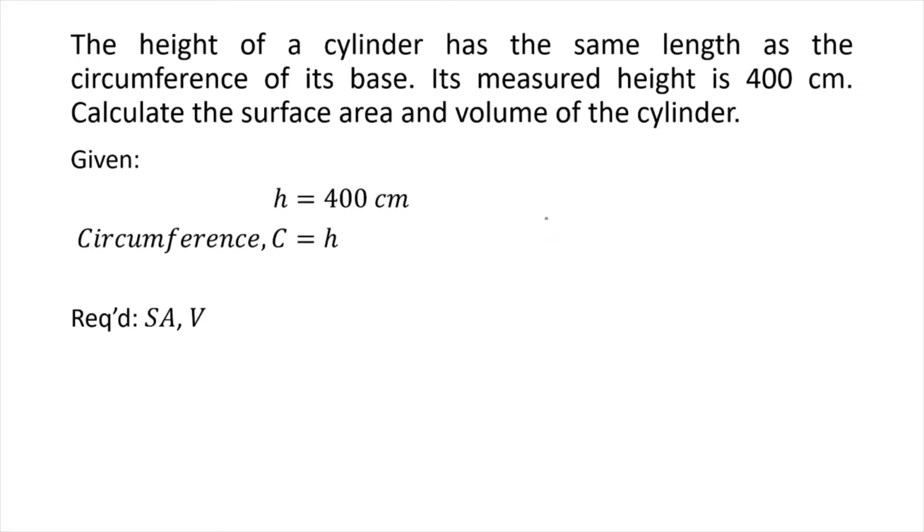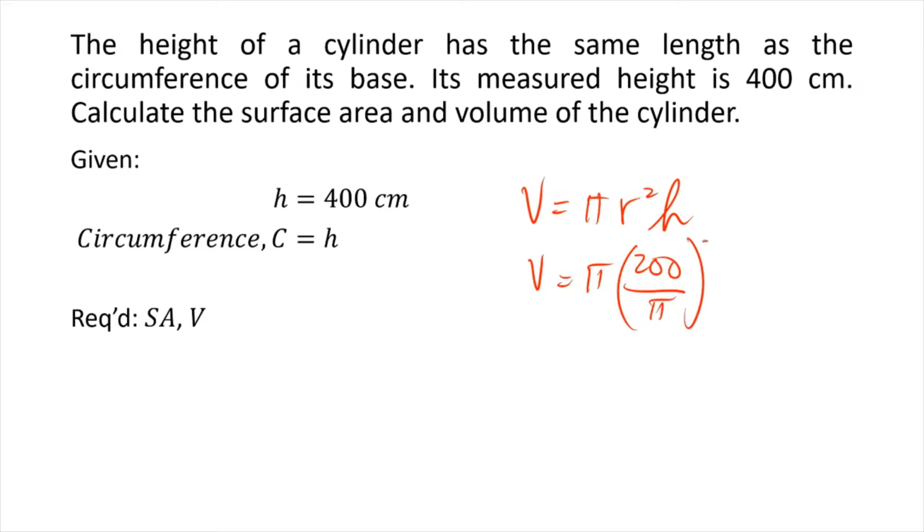Now let's solve for the volume. The formula for the volume of a cylinder is pi r squared times height. So let's plug in the values. Pi times r squared. We obtained r earlier, which is 200 over pi, squared, times the height, which is 400 centimeters.